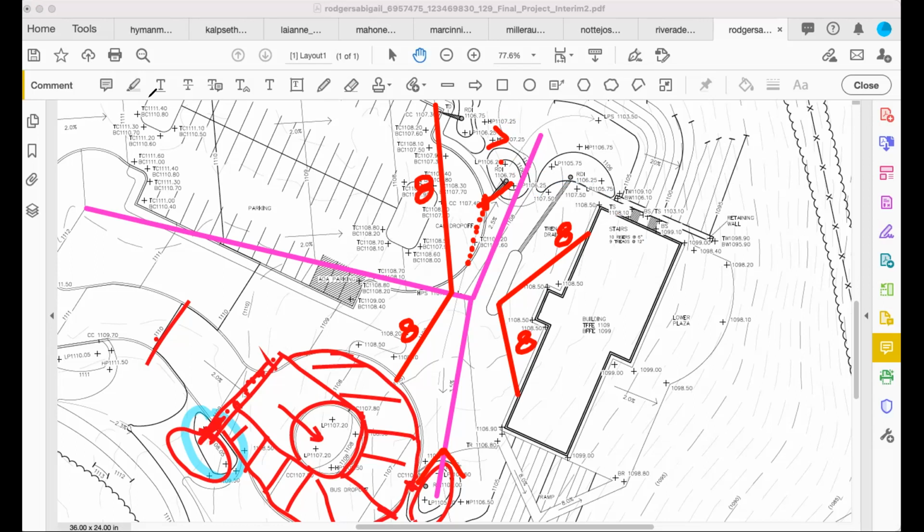We have the lowest point over here. That's correct. Cutting through, we have dirty water going like this and that. And we have clean water going from here and here to this one. So that's how we separate them.